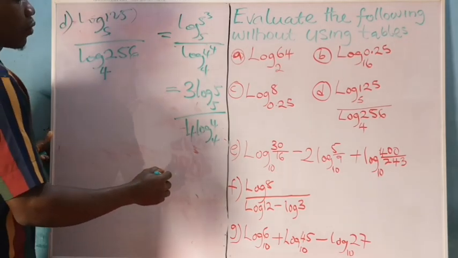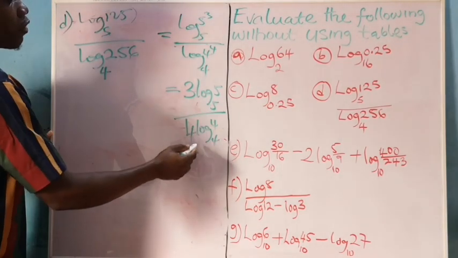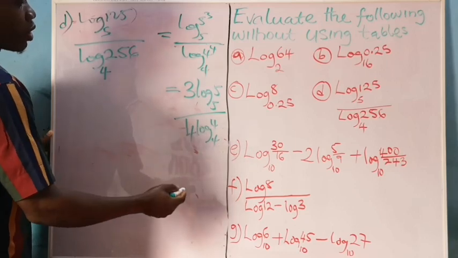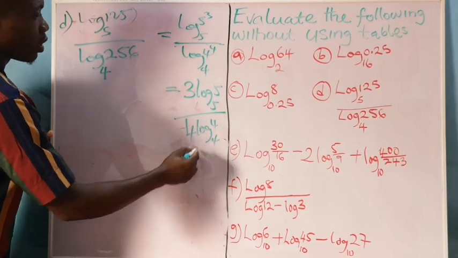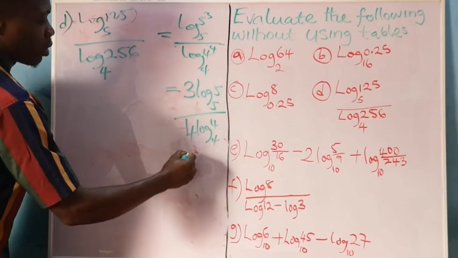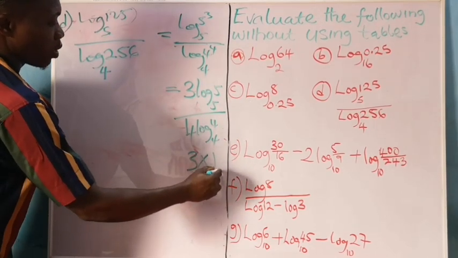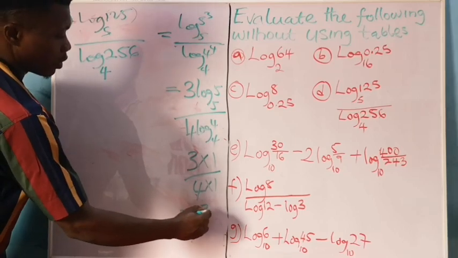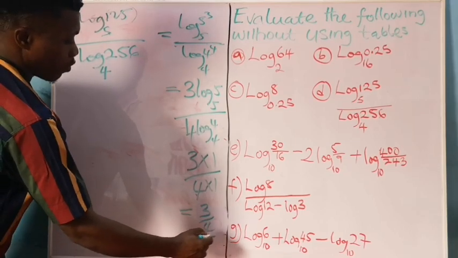Okay, now log 5 to base 5 is 1. Then log 4 to base 4 is 1. So at the end of the day, this will become 3 times 1 all over 4 times 1. We now have 3 all over 4.